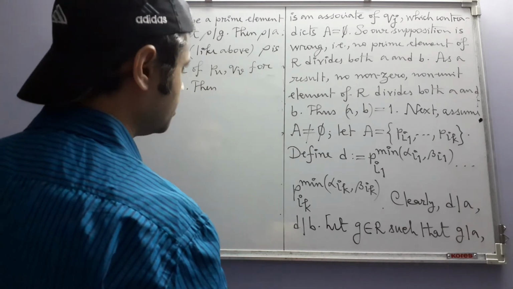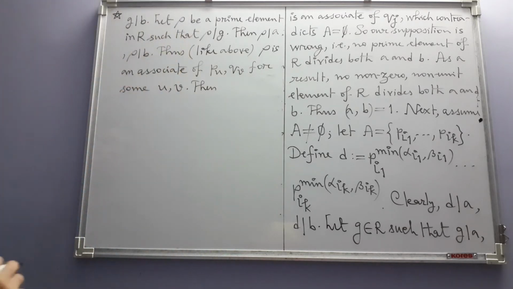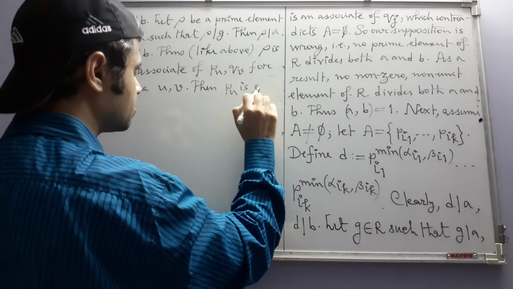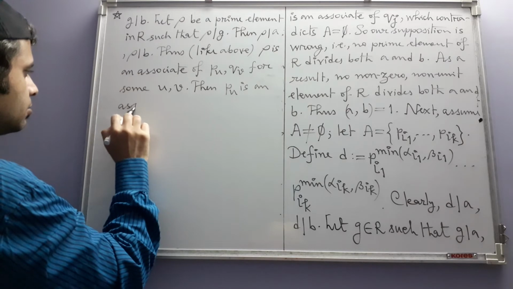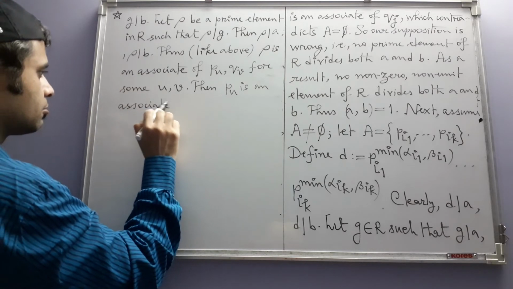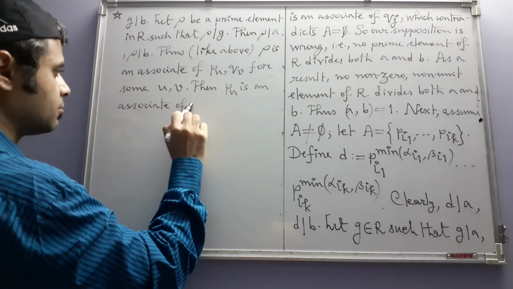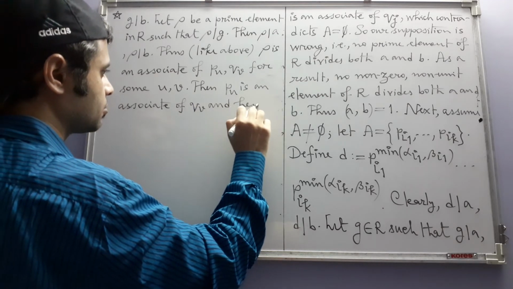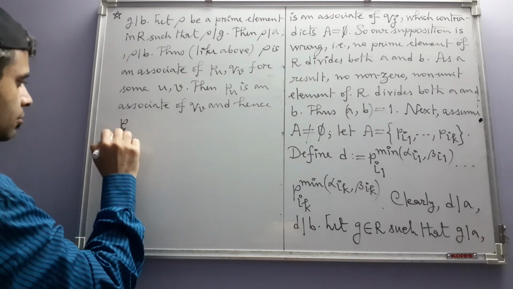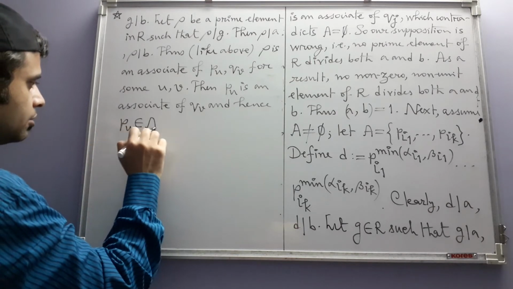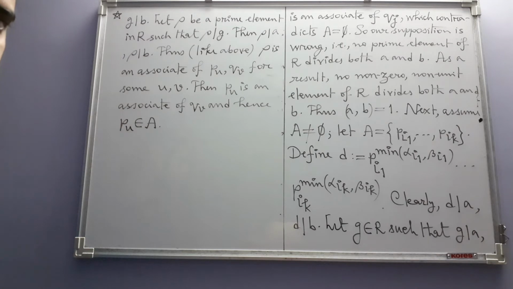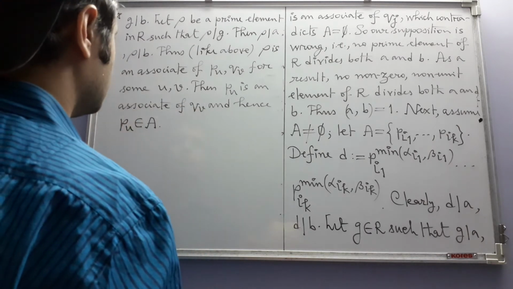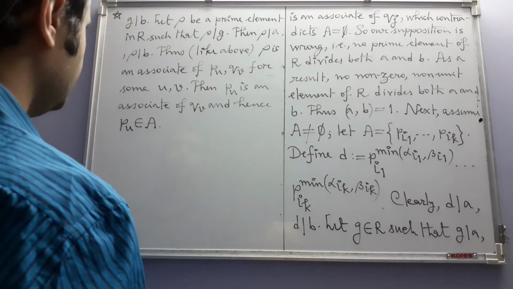Then Pu is an associate of Qv and hence Pu belongs to A. Okay, by the definition of A, Pu has to belong to A, and rho is an associate of Pu.